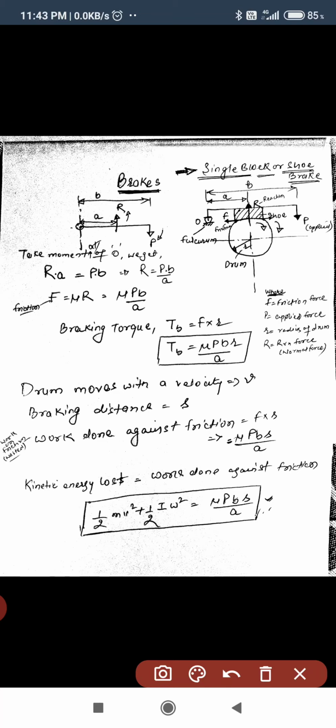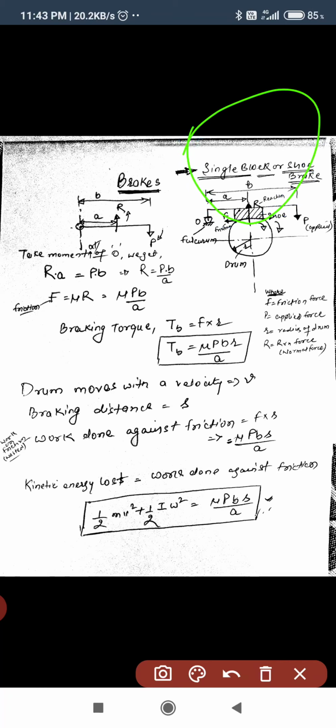In the mechanical brake system classification, under the radial brake type, we have a brake called a single block or shoe brake. Brakes are classified into mechanical brake, pneumatic brake, hydraulic brake, and electrical brake.